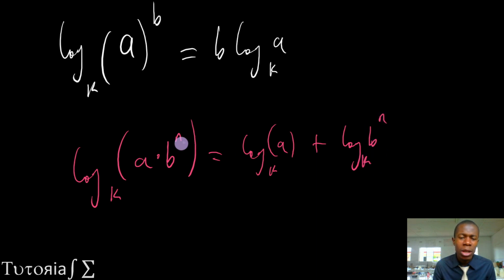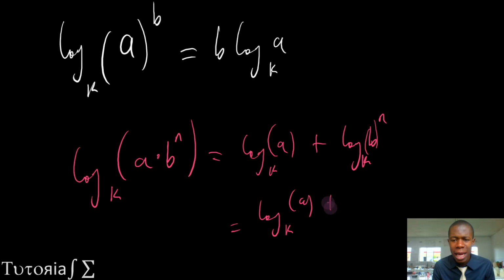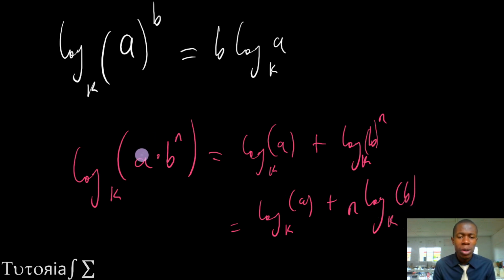You need to pay attention to which side of the variable the power is being raised, because the entire variable there should have the power raised like that. So now this can be simplified as log base k of a plus, the power drops, that is n log of b base k. So you should be very considerate on how you drop the power there. That is just a common misconception that you may fall into.